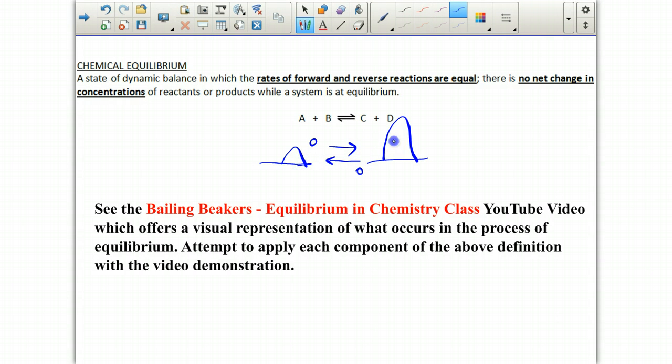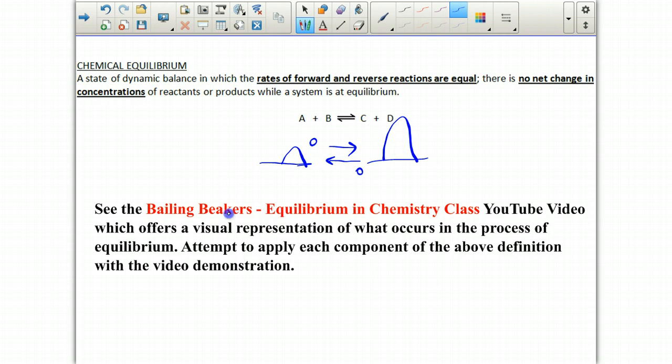So at no time will the piles get any larger or smaller than they currently are. So there's no net change in their concentrations, even though I have a forward reaction occurring at the same time as a reverse reaction. But they are happening at the same rate, so this is why there's no net change in my concentrations of reactants and products.